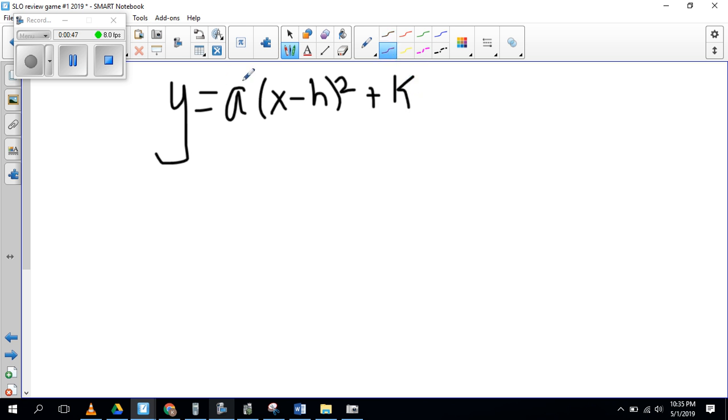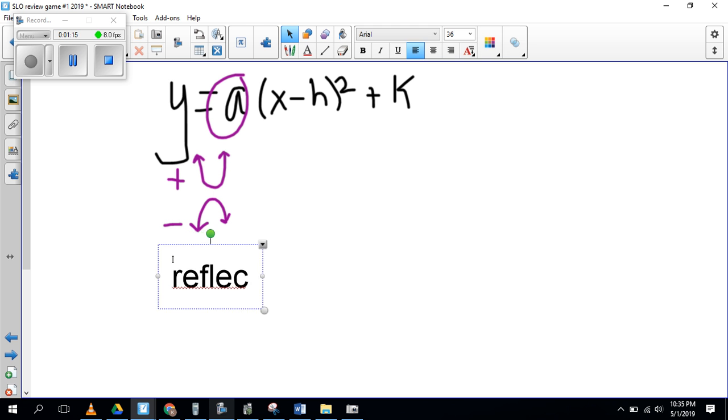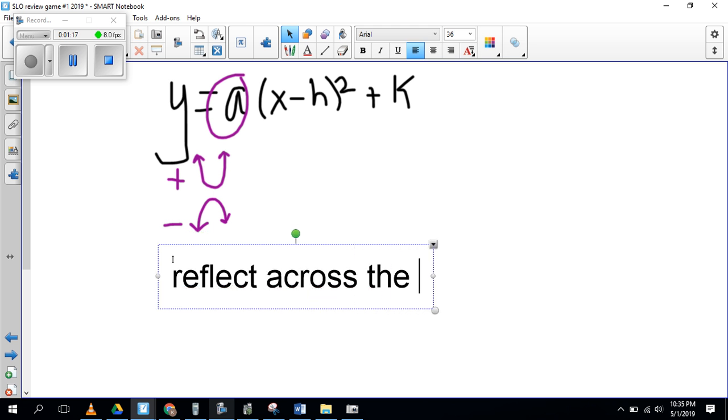So the A tells you the direction. Is it going to open up like this, or is it going to open down? So basically, if A is positive, it's going to open up. If A is negative, it's going to open down. And if it opens down, we say it's going to reflect across the x-axis.